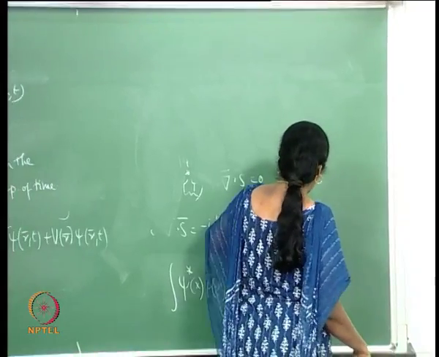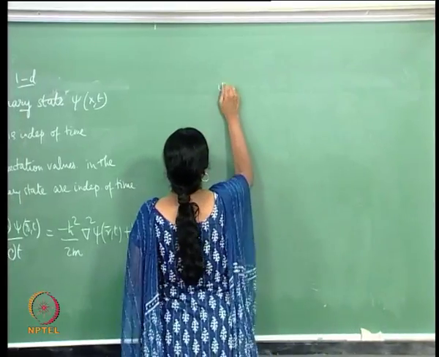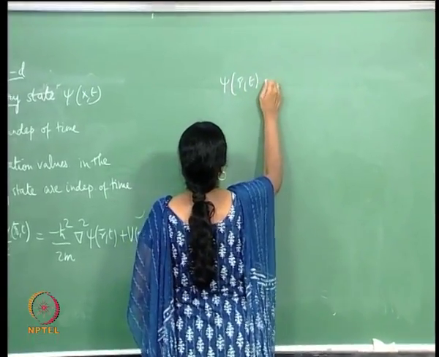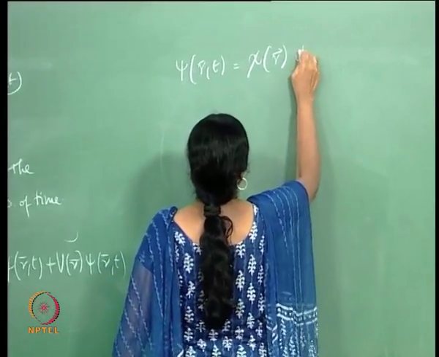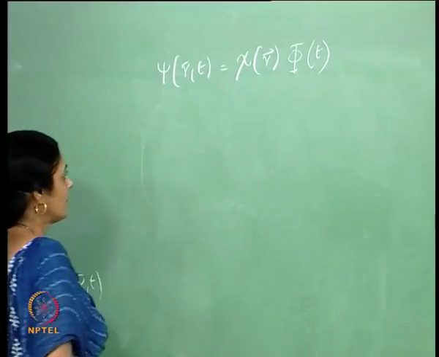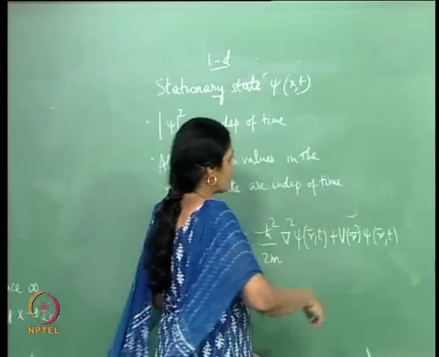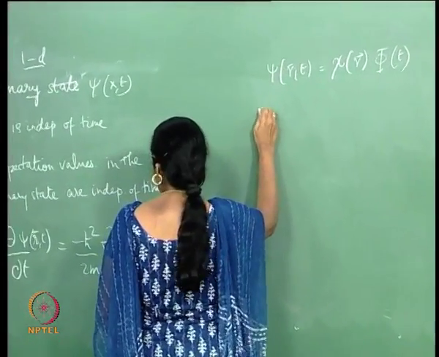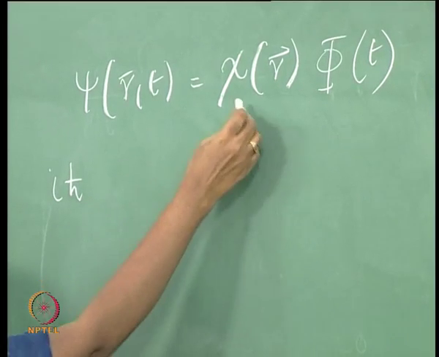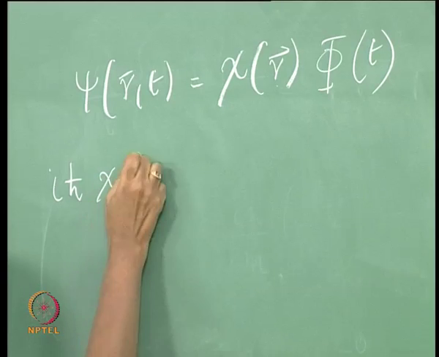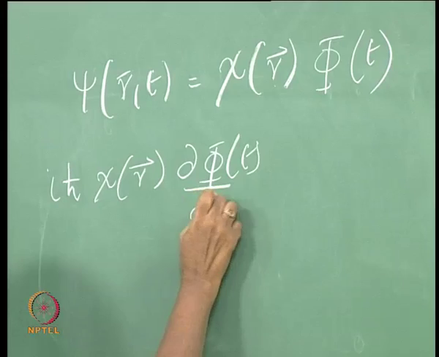So we write the wave function ψ(r,t) as some χ(r) φ(t). Now, if I do this and feed this back into that equation, I have iħ, the time dependence does not act on χ, that is my left hand side.